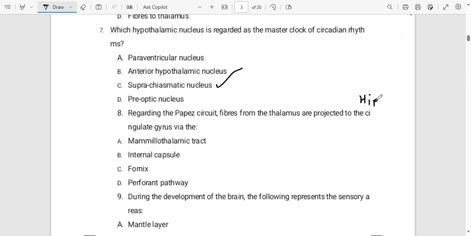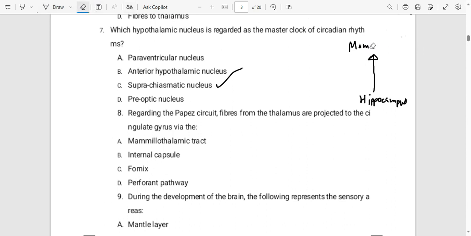From the hippocampus, where do we go to? Anyone? Okay, specifically the mammillary bodies of the hypothalamus. Yes, thank you so much.